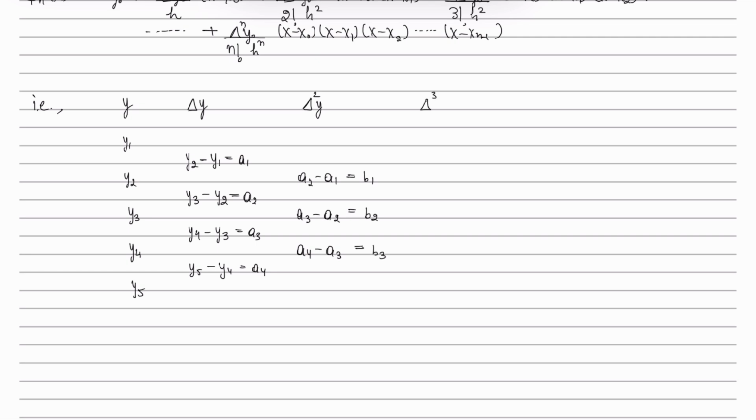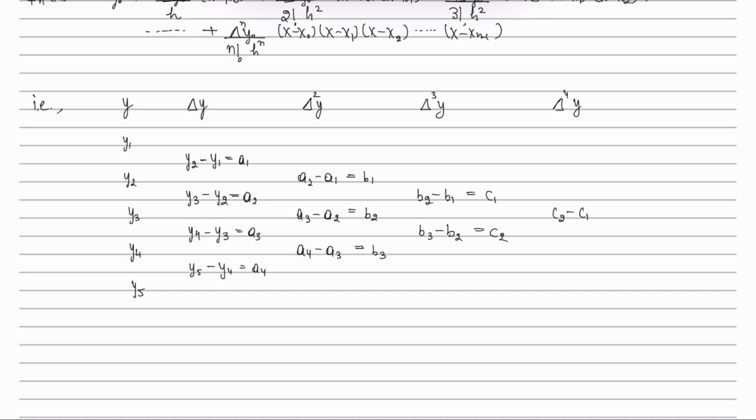Now the third difference will be b2 minus b1, b3 minus b2, and let these be c1 and c2. Lastly, the fourth difference will be c2 minus c1.